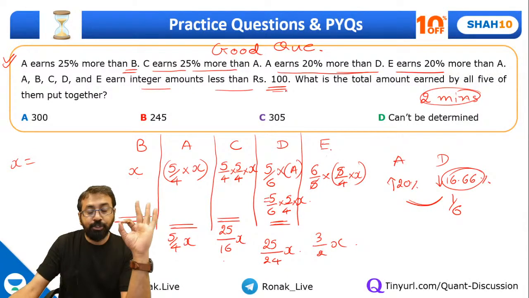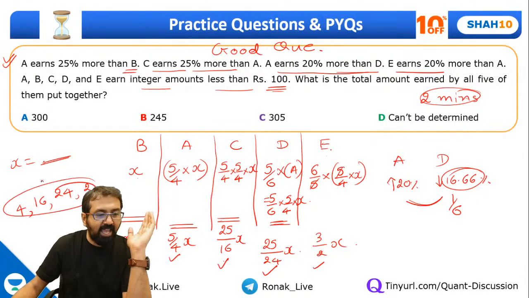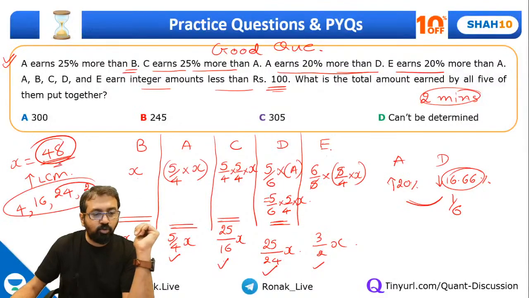So we need to take care that each of these is less than 100. So X of course can't be more than 100, otherwise 5 by 4 X, 25 by 16 into X, ये सारे क्या हो जाएंगे? Greater than 100 हो जाएंगे. So guys, can I say X should be a number divisible by 4, 16, 24 and 2. So we need to take X as the LCM of these numbers. So what is a common multiple of this? Can I say 48, then 96, then 144 and so on. So let's go ahead with 48.